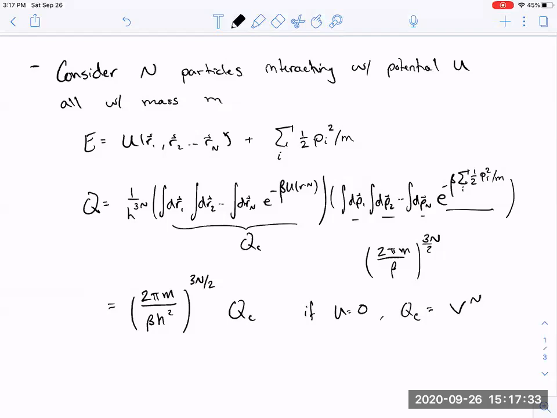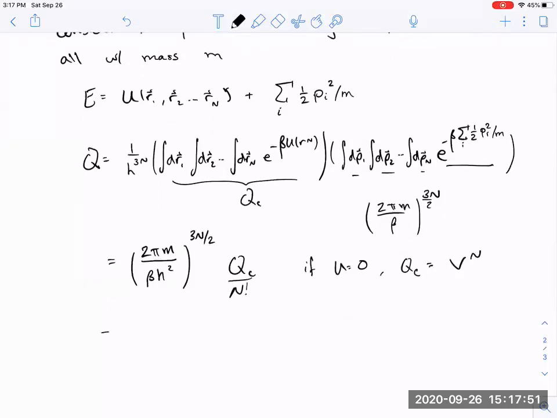Now, it's likely that if all those particles have the same mass, they are statistically indistinguishable. So I'll need to account for that indistinguishability by a permutation factor n factorial.